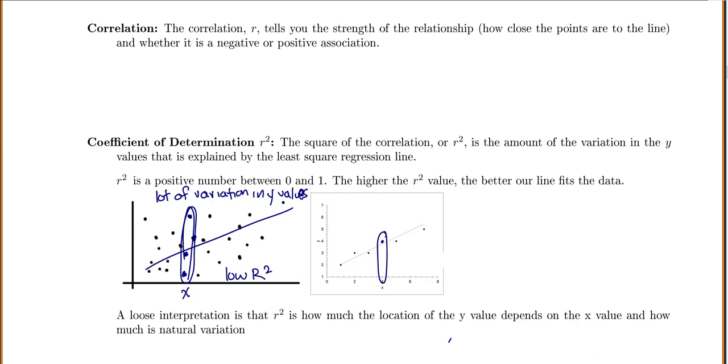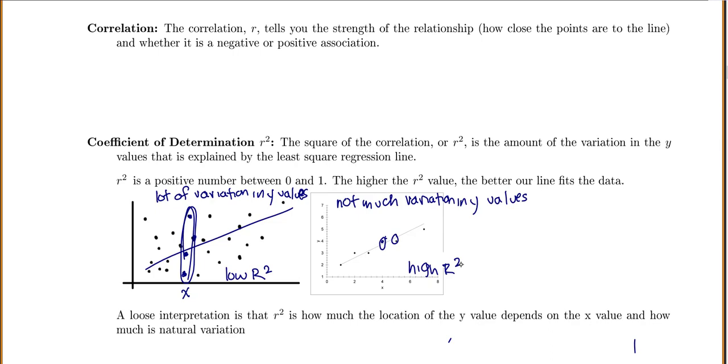There's not much variation in y values. If I tried to draw a band, it would look more like that. Everything is going to be pretty close to the line, so it would have a high r squared value.